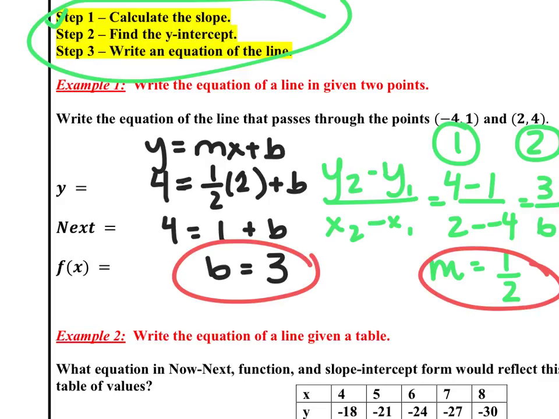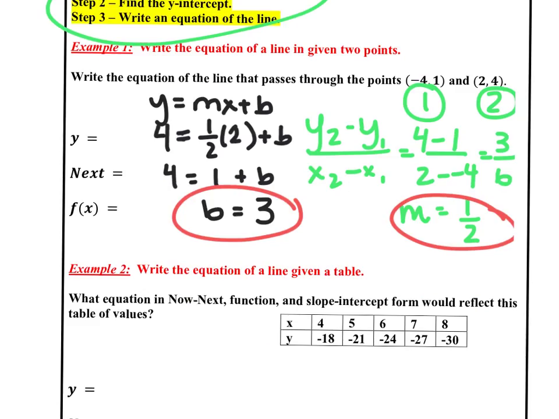It looks like I didn't give myself very much space. So we need to write our 3 forms now: normal, next now, and function notation. Starting with y equals, I know my slope is 1/2 and my y-intercept is 3, so it would be y equals 1/2 x plus 3.